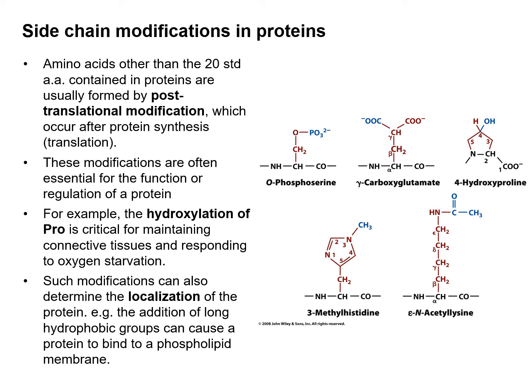We talked about examples such as hydroxylation of proline. Also, attaching hydrophobic groups to amino acids leads to changes in localization, such as the hydrocarbons interacting with other non-polar substances within the cell, like phospholipid membranes, so it can be stuck in there.